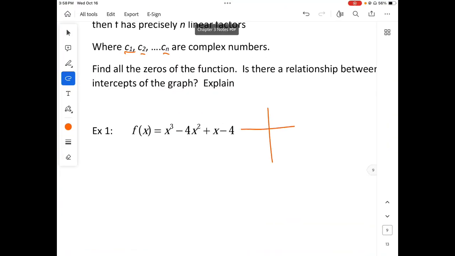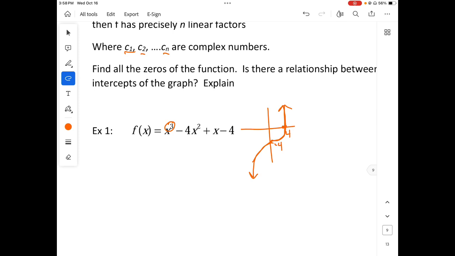So I'm going to draw a picture of what it looks like. We have 4 here, and it went like this, something like that. And remember, it's cubed, so it does go in different directions, and it's positive, so it ends going upward.